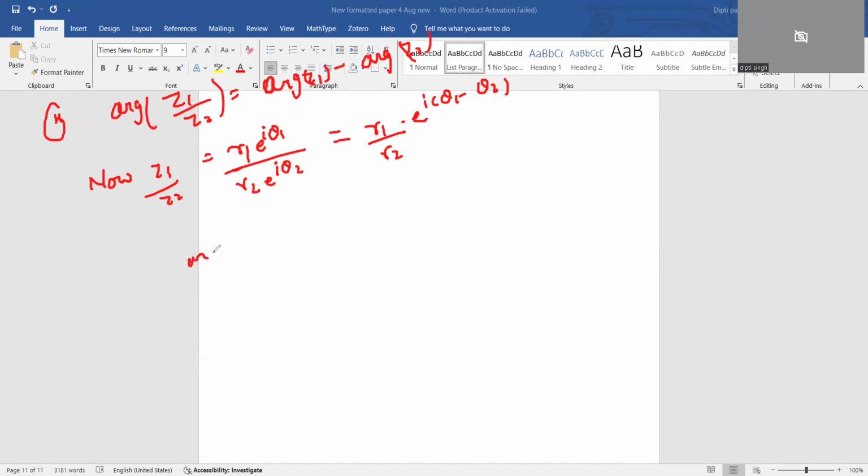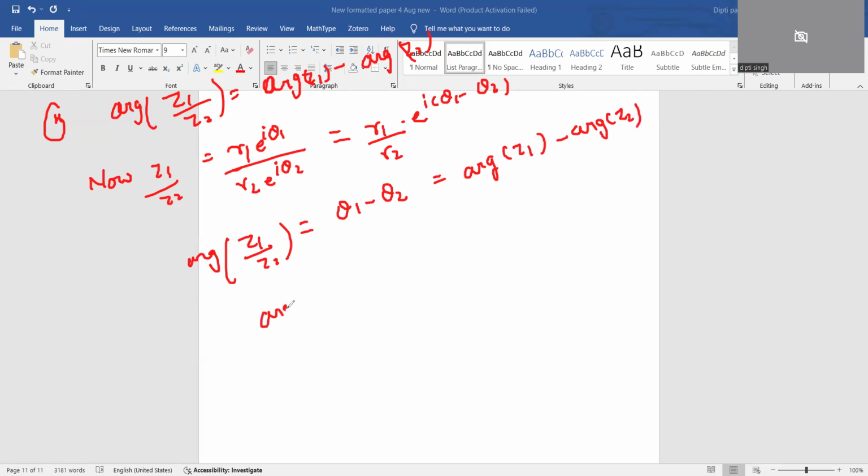So this implies that argument of Z1 upon Z2 will be theta 1 minus theta 2. And we know theta 1 is argument of Z1 and theta 2 is argument of Z2. So hence we can say argument of Z1 upon Z2 will be equal to argument of Z1 minus argument of Z2.